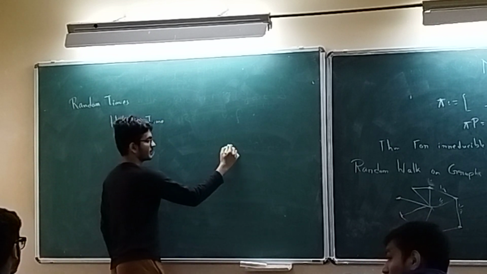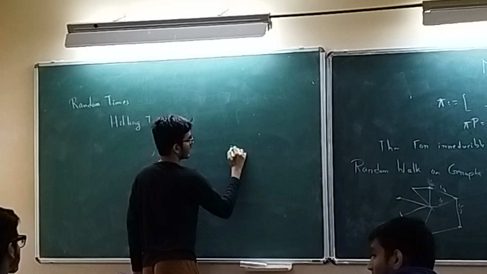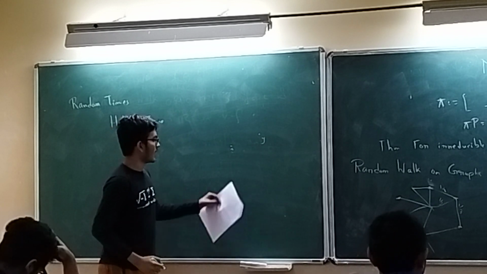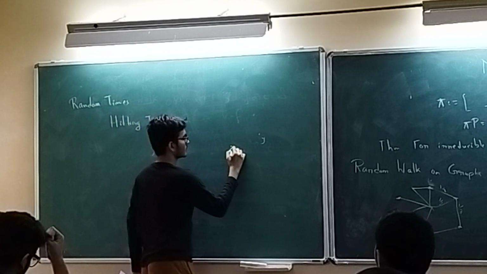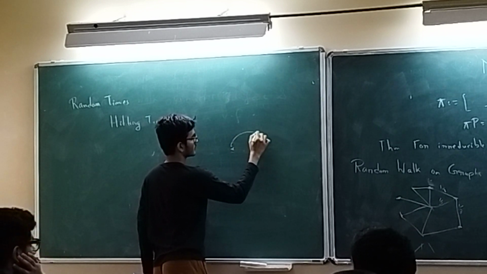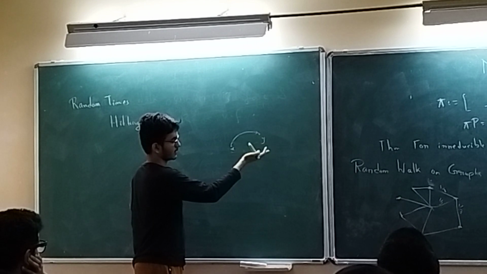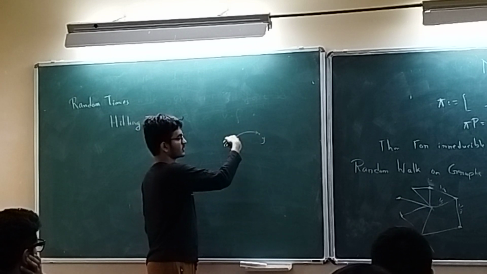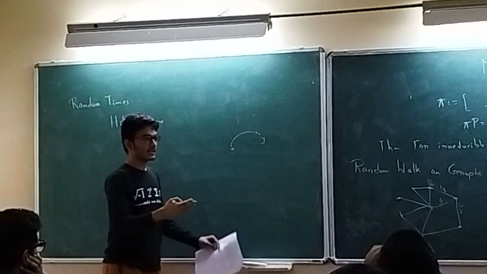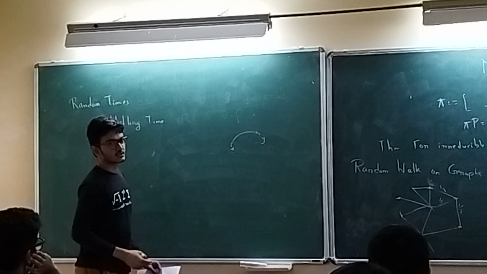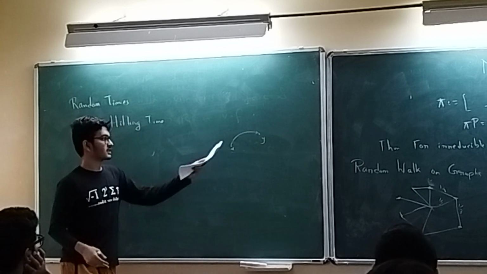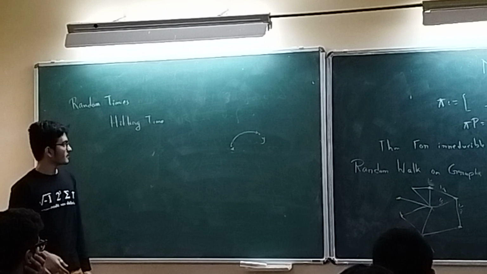If you are at a position, a very natural question to ask is, after how much time will you move from x to y? For a random walk on a graph there may not be an edge, or a positive probability to move directly, so you will take some steps. And it's a natural question to ask after how much time you will move from x to y.